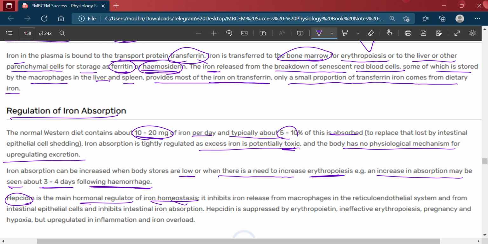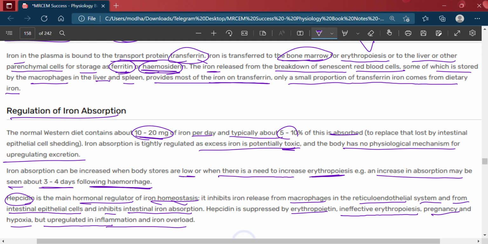It inhibits iron release from the macrophages in the reticuloendothelial system and from the intestinal epithelial cells, and inhibits intestinal iron absorption. Hepcidin is suppressed by erythropoietin, ineffective erythropoiesis, pregnancy, and hypoxia, but upregulated in inflammation and iron overload.